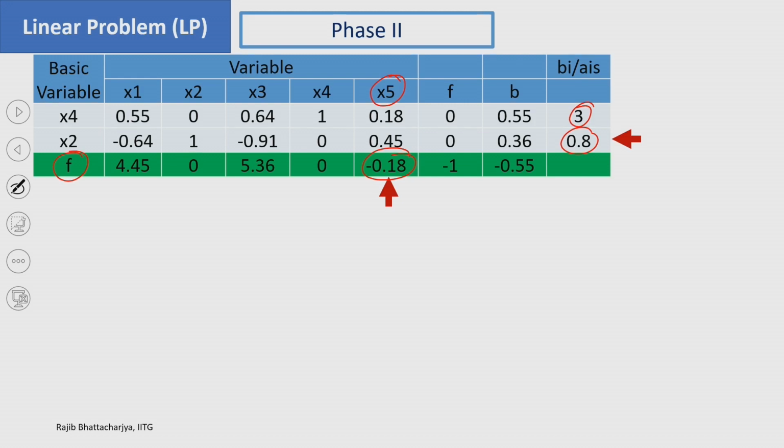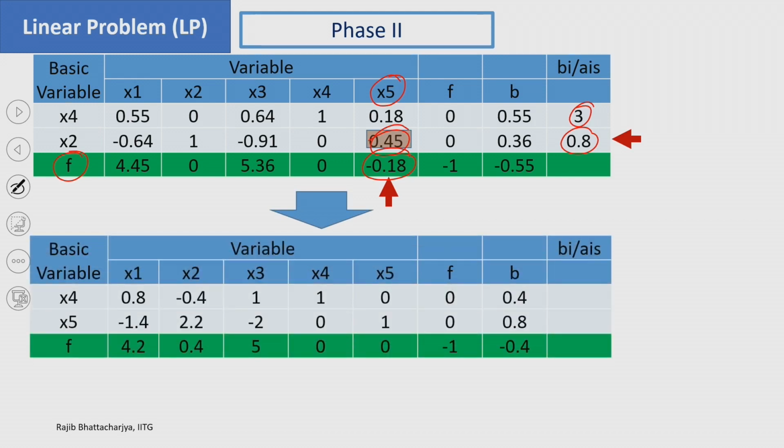So, therefore, we will take the minimum one, and now this will be the pivoting element. If you do that, finally you are getting this 1 and this equal to 0, and the solution is now x 4 equal to 0.4, x 5 equal to 0.8, and we are getting f equal to 0.4.